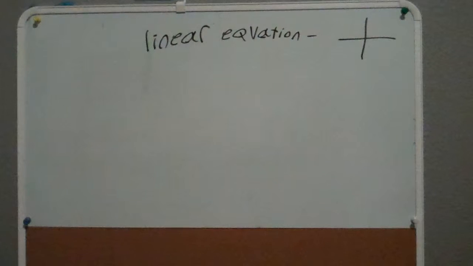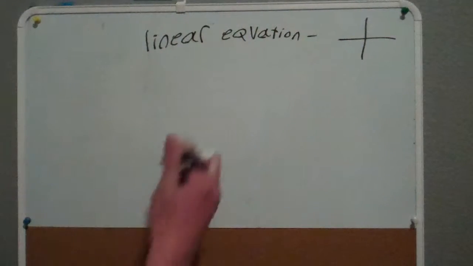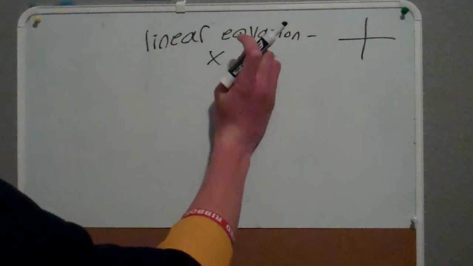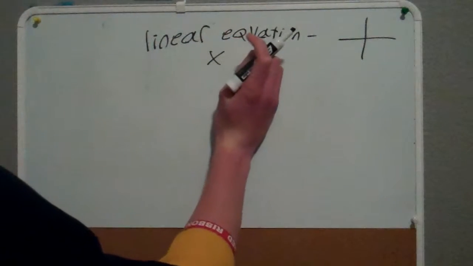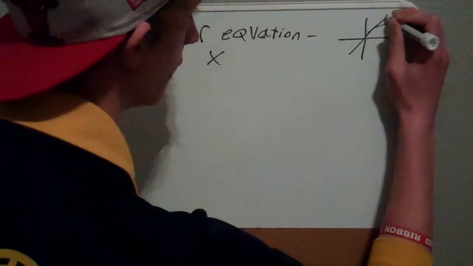Whatever equation you have, you put in one of these calculators. The parent function for linear is just x. So they'll usually look something like that, like straight.